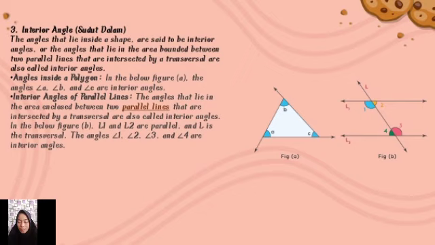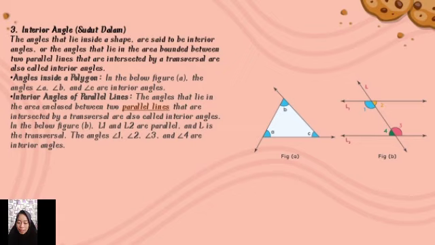First, angles inside a polygon. In the below figure A, the angles angle A, angle B, and angle C are interior angles. Next, there are interior angles of parallel lines.